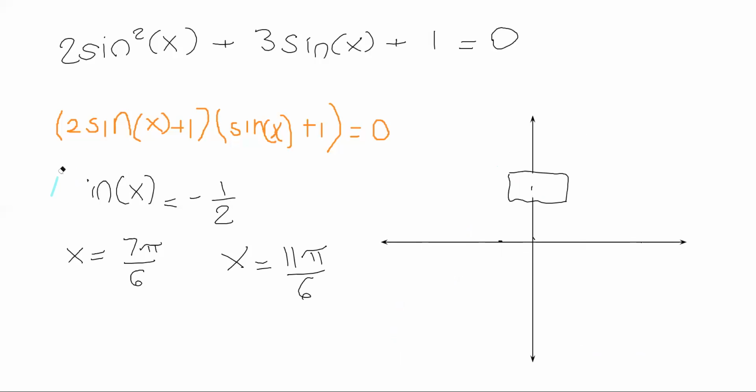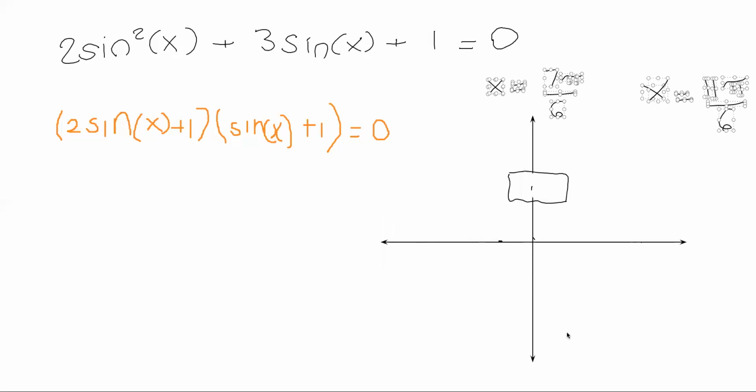Oops, meant to erase that as well. So we have sine of x plus 1 is 0. If we subtract 1 from both sides, we get sine of x equals negative 1. And in the unit circle, the sine is always going to be the y-coordinate of the angle. So where on the unit circle is y going to be negative 1?